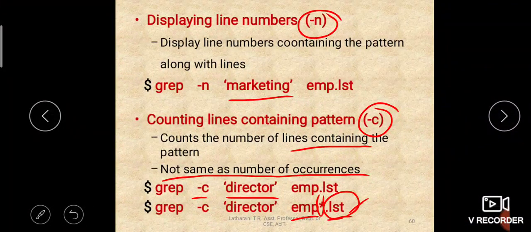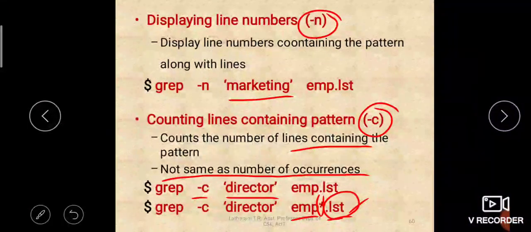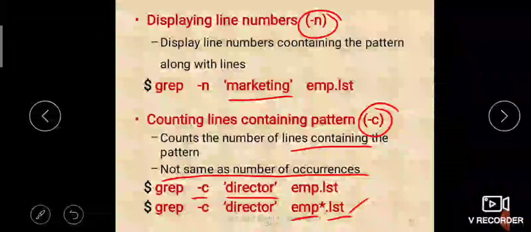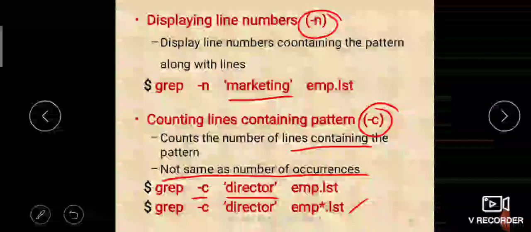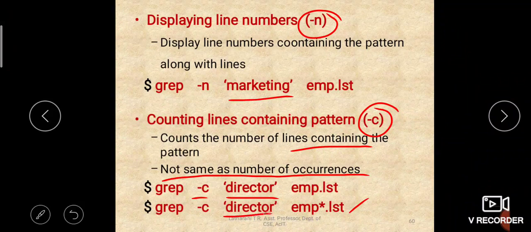So it can match emp.list, emp22.list, empn.list, any file name. In all those files, if the director pattern is there, it will count the number of lines because of -c and will display.